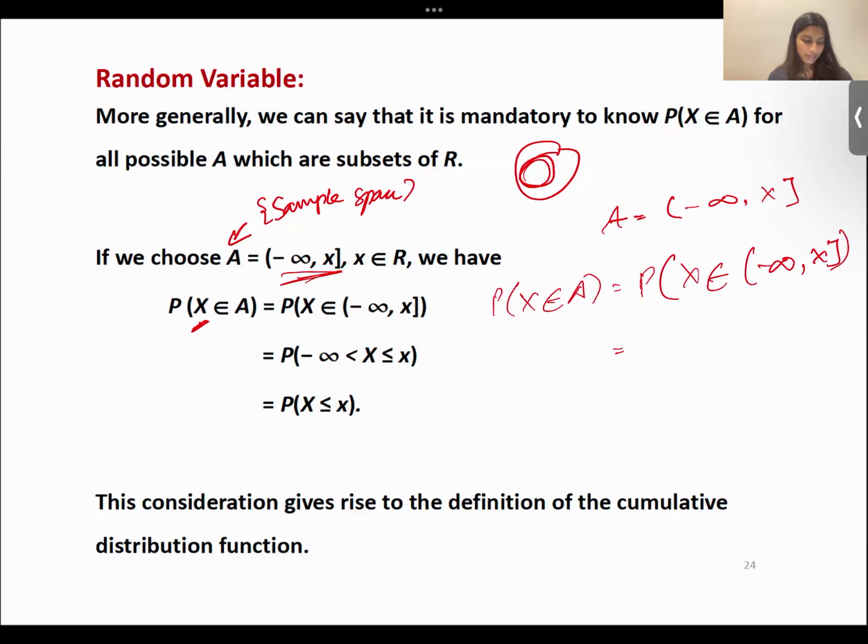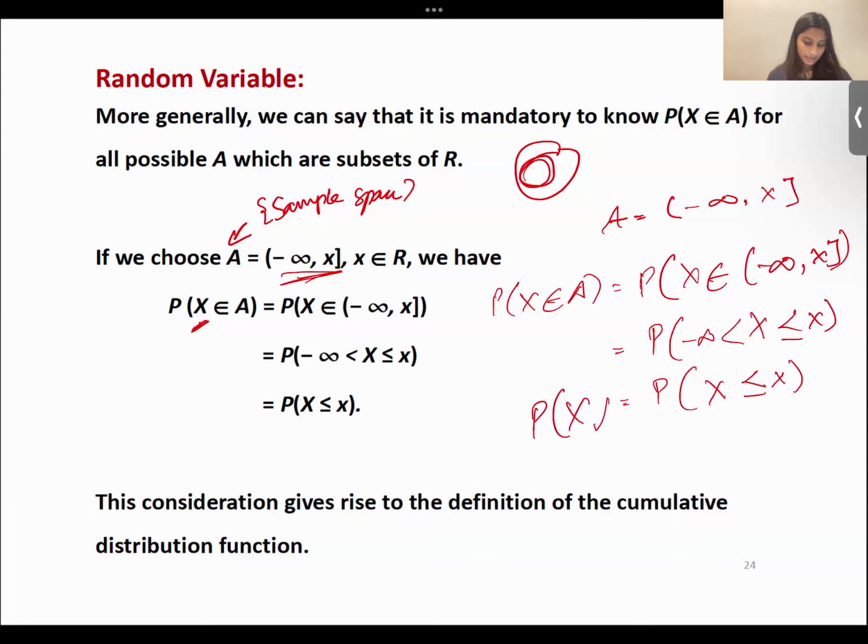You could also define it as x greater than minus infinity and x less than or equal to this given value. So finally you compute the probability of x being less than or equal to the given value.